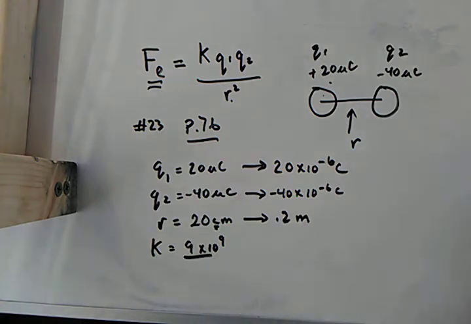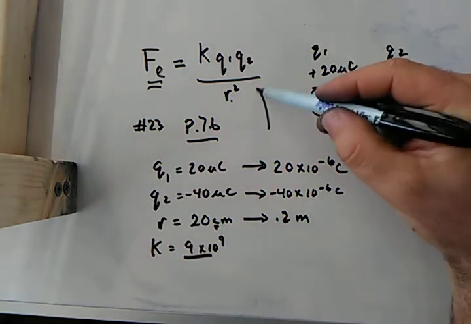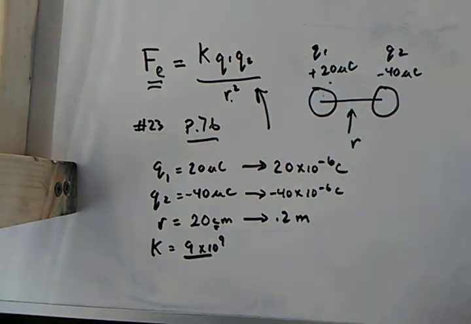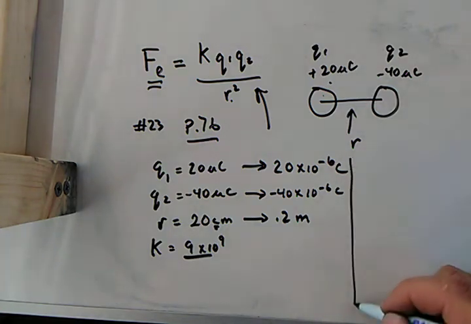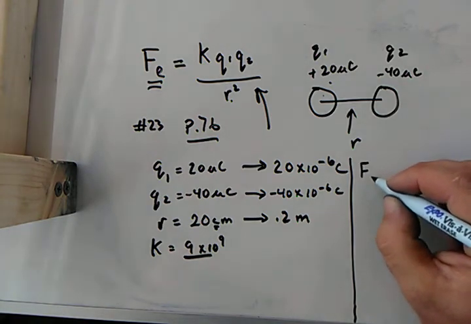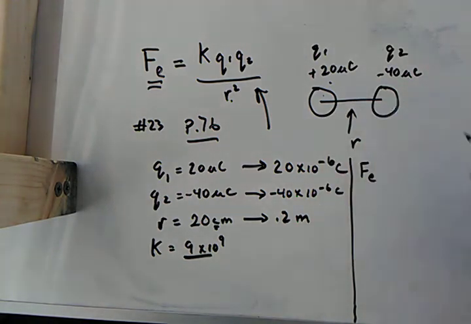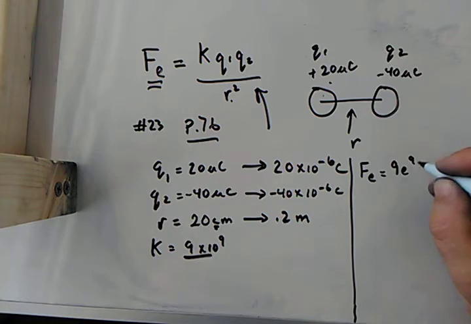So now that we've got everything cleaned up, we can do the math using the one formula that we have. The force felt between these two objects is going to be written as 9 times 10 to the 9th, that's our K value.